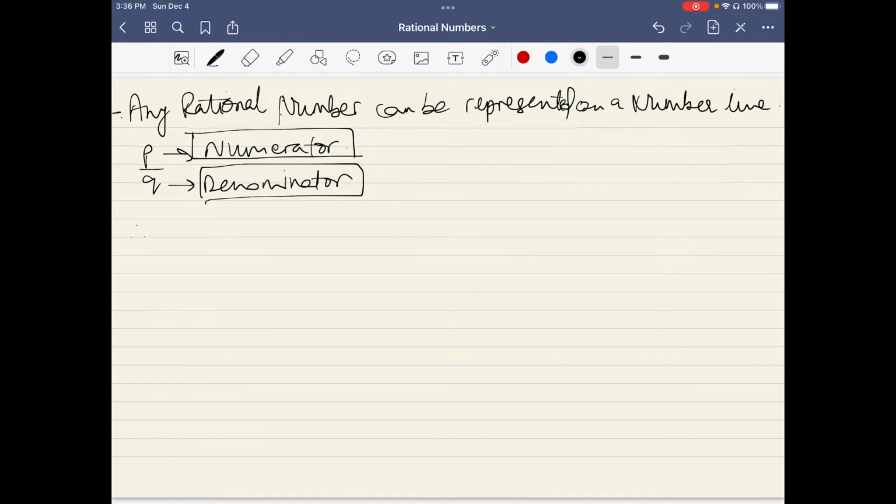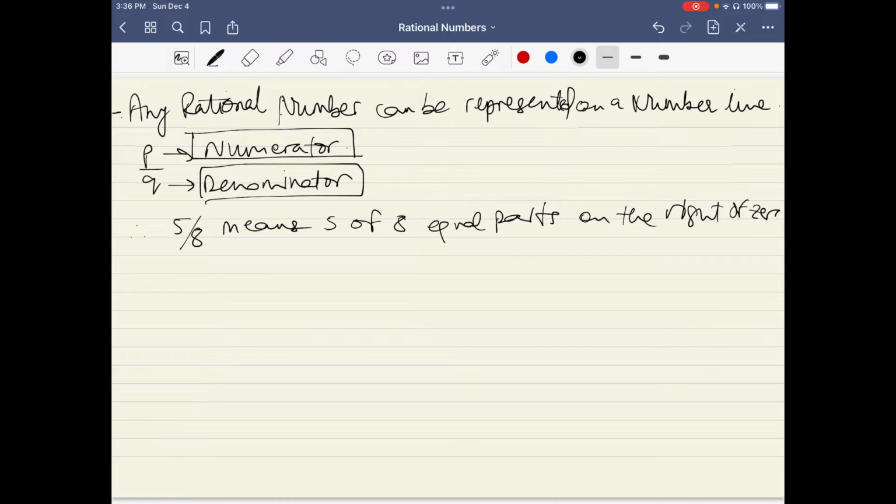Therefore, a rational number such as 5/8 means 5 of 8 equal parts on the right of 0 on a number line. And similarly, the rational number -11/9. What does this mean?